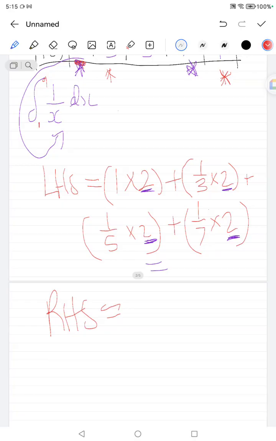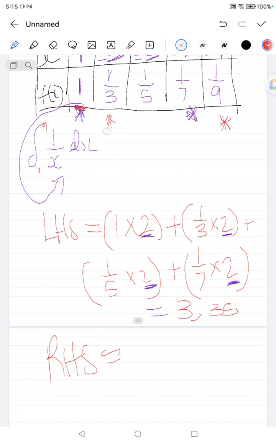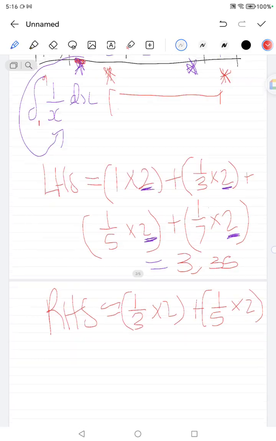The left-hand sum is 3.35. Then the right-hand side, you remember, we're going to be starting at the right. So now what do you have? You have your 1 over 3 by 2, plus your 1 over 5 by 2.